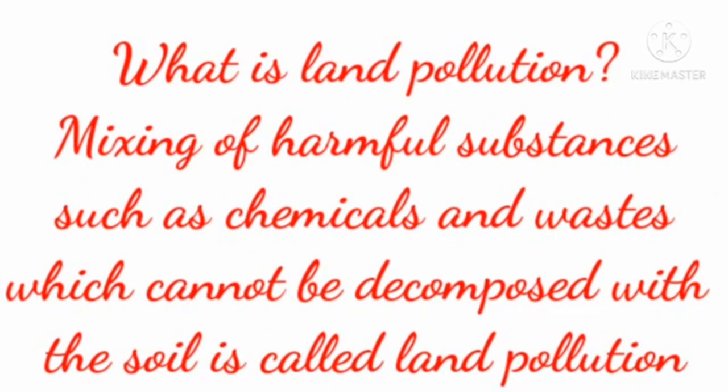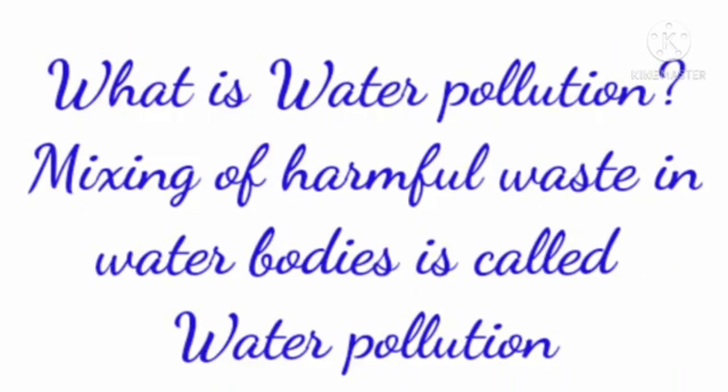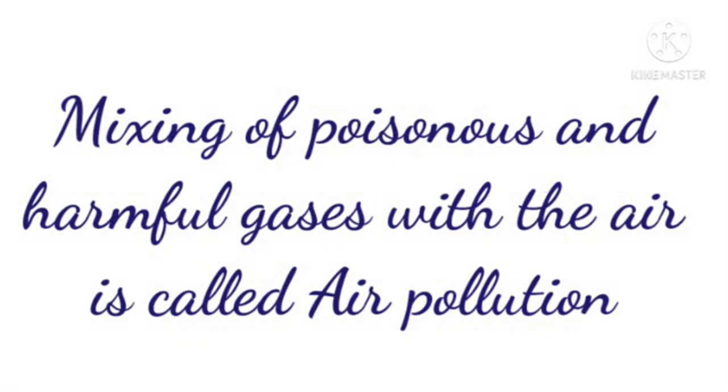Mixing of harmful substances, meaning chemicals and waste, with the soil is called soil pollution. Mixing of harmful waste with water bodies is called water pollution. Mixing of poisonous and harmful gases with the air is called air pollution.